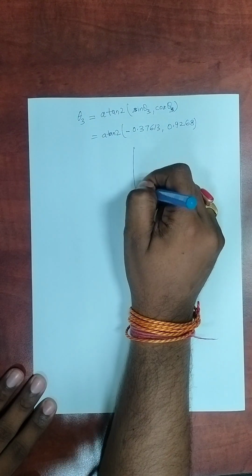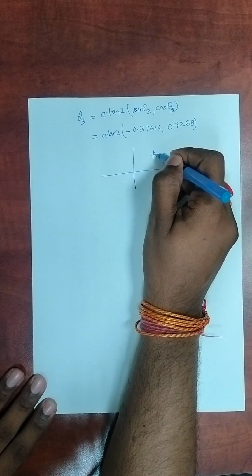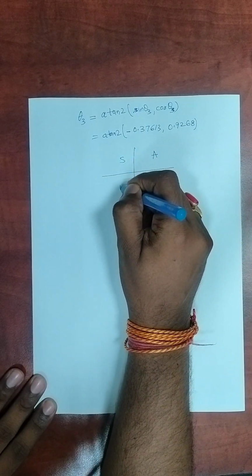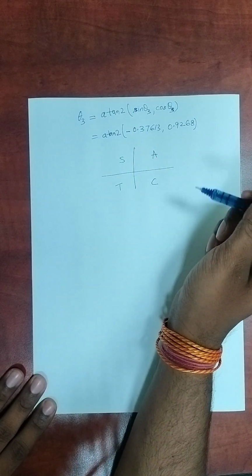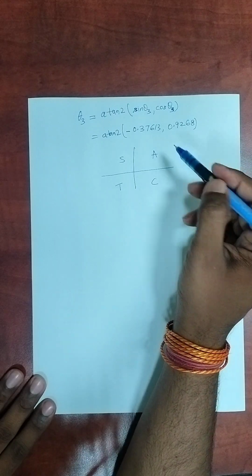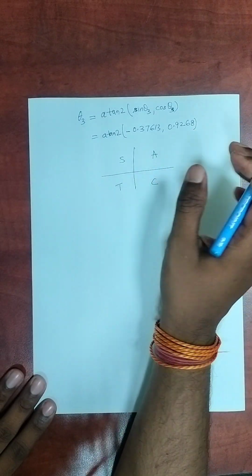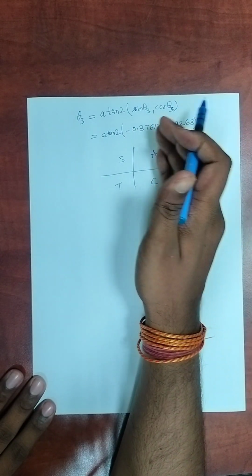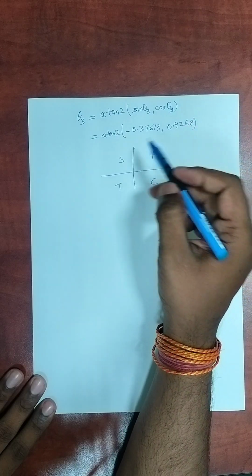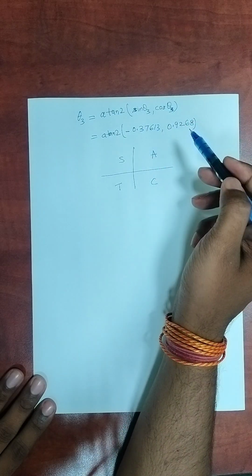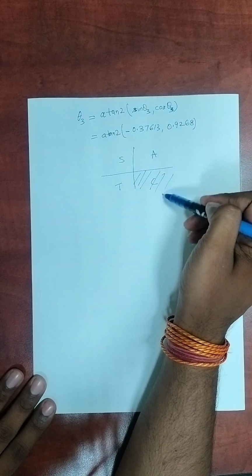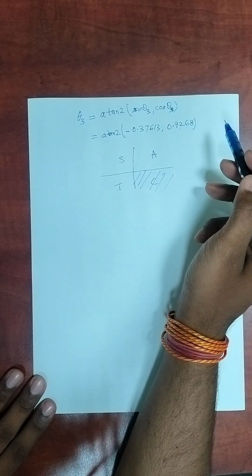Now, since I am doing a 4 quadrant tan inverse, I can have a basic check to see which quadrant this lies in. I will find that this lies in the 4th quadrant, where sine is negative and cos is positive.